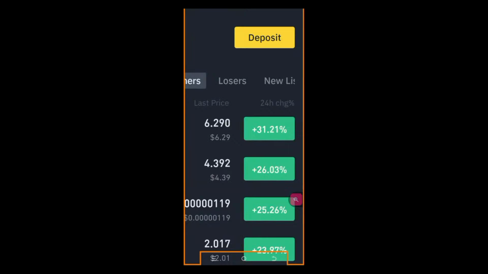Now look at this. When you see that a coin is already plus 31.21%, and this was just within the 24-hour time frame, it means that at least it would not fall below 15%. There's no way within the next 24 hours that it will totally go flat.